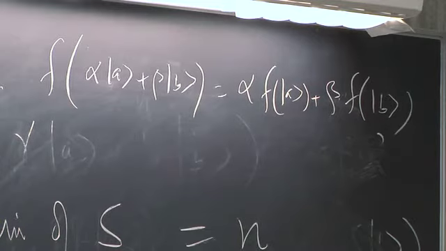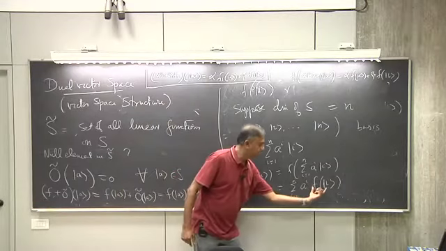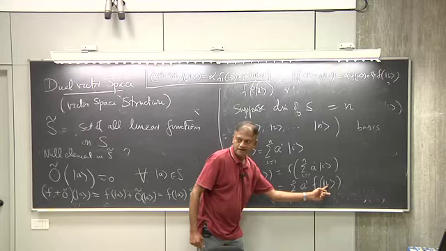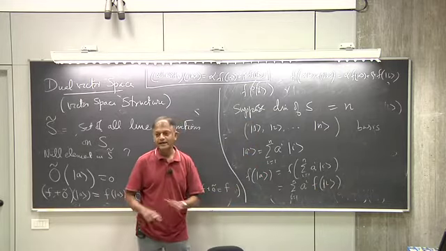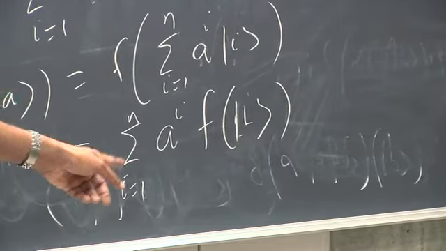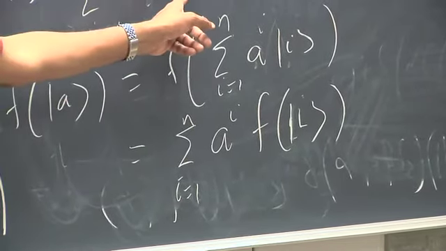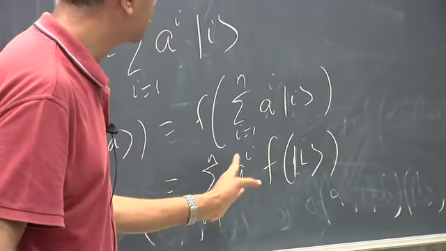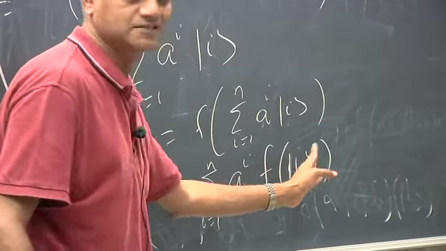So what is it saying? It says that if I just specify how f acts on the basis vectors, then I know how f acts on any vector, because any vector can be expanded in terms of basis vectors, so f acting on any vector can be expressed as a linear combination of f acting on basis vectors.